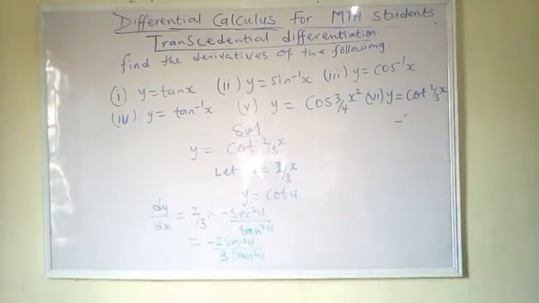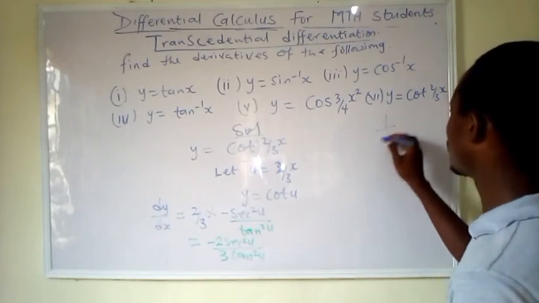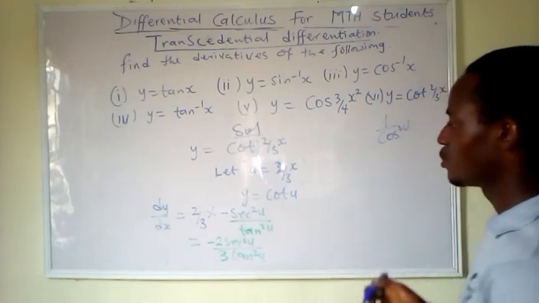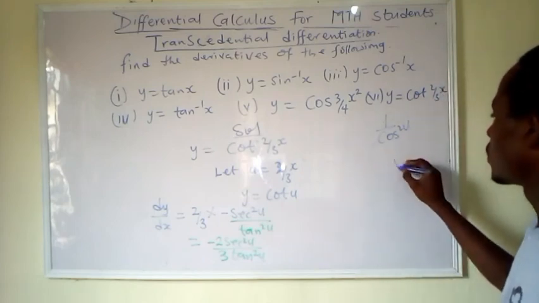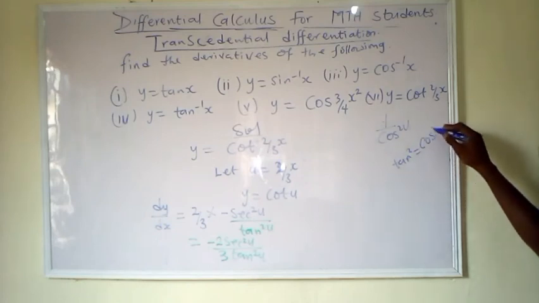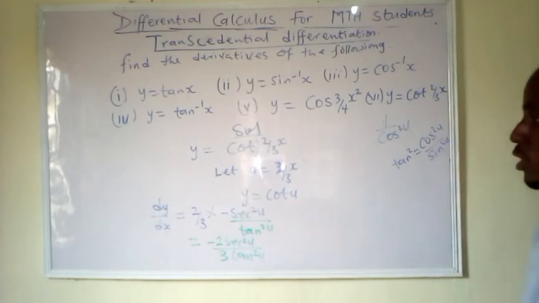Don't forget that sec squared u is the same thing as 1 all over cos squared u. And at the same time, tan squared u is the same thing as sine squared u all over cos squared u.